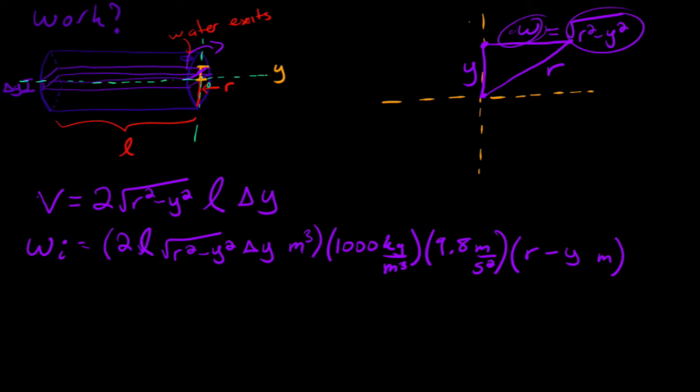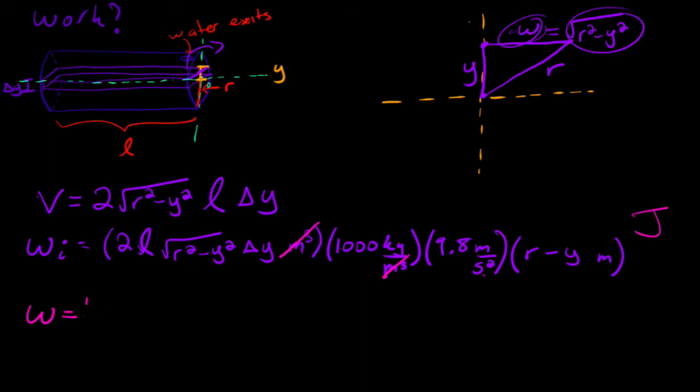Okay, so then meters cubed cancel, kilograms meters over second squared, that's a Newton, and so all of these put together is a joule. So then if I put this all in, what I'm going to get is the total work is equal to the integral from negative r to r of, actually let me backtrack a little bit.